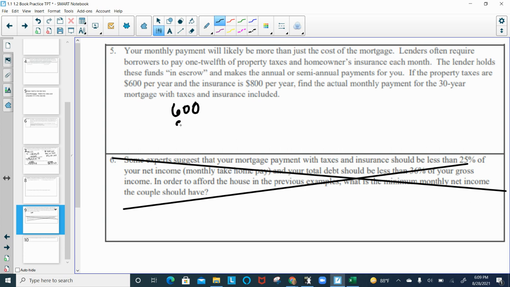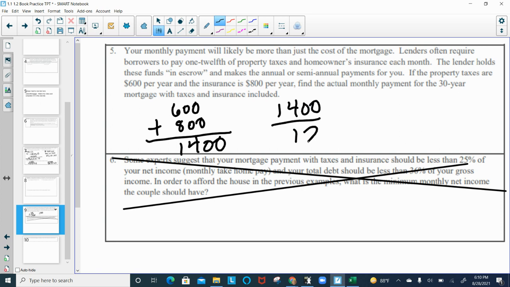And the insurance is $800 per year. Okay, so that's total. I'm adding those. That's $1,400.